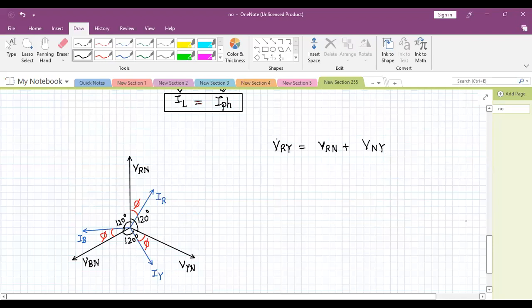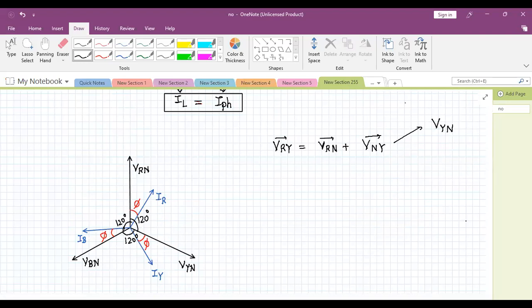Now see, these are phasors. If I want to write VNY as VYN, instead of writing NY I want to write YN. So what do I have to do? It is a phasor. Yes, very good, Krishika.